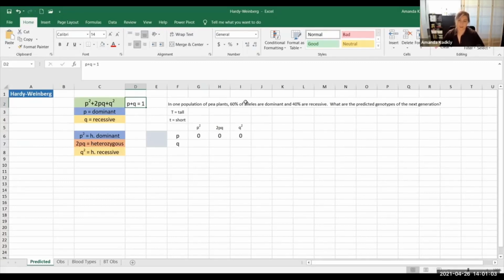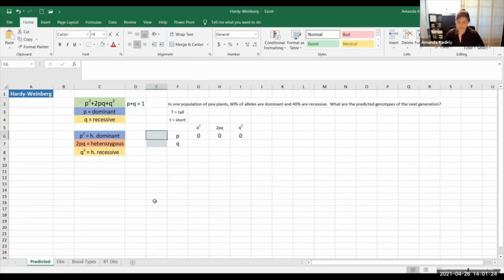We are given both, however, and this equation is set up so that p squared represents the frequency of homozygous dominant individuals, 2pq is heterozygous, and q squared is homozygous recessive.